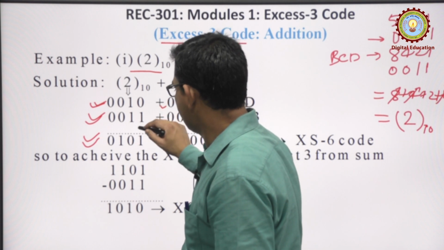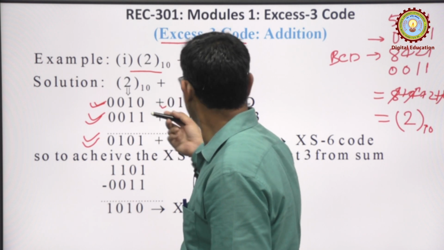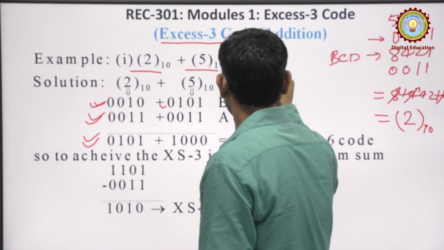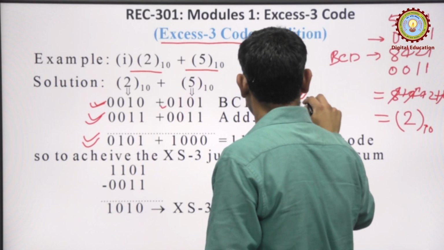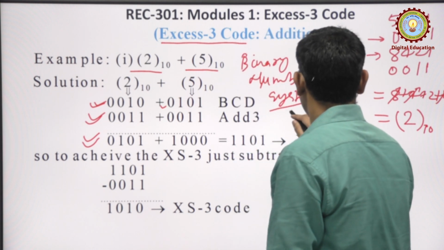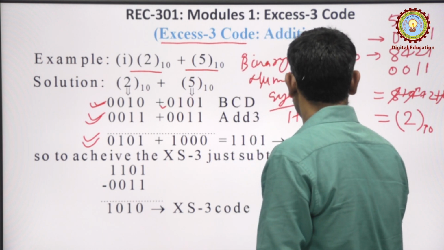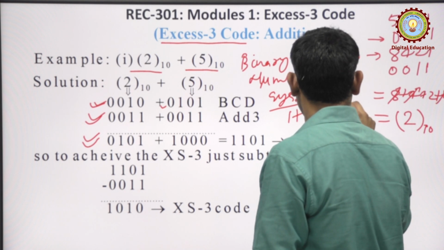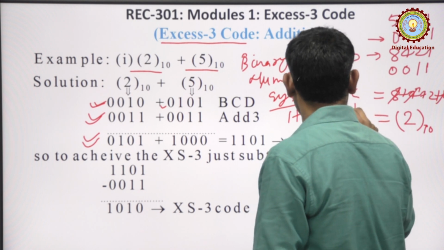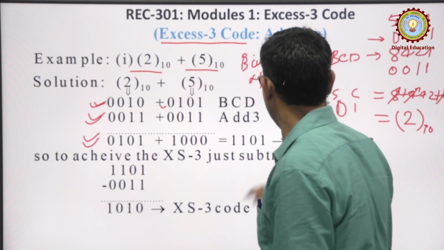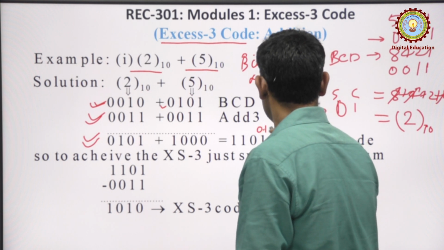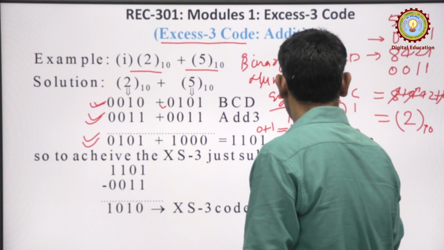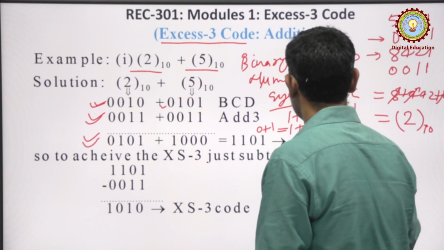We will add these two digits, 1 plus 0. We know in the binary number system, 1 plus 1 gives sum 0 and carry 1. 1 plus 0 or 0 plus 1 equals 1 and carry 0.